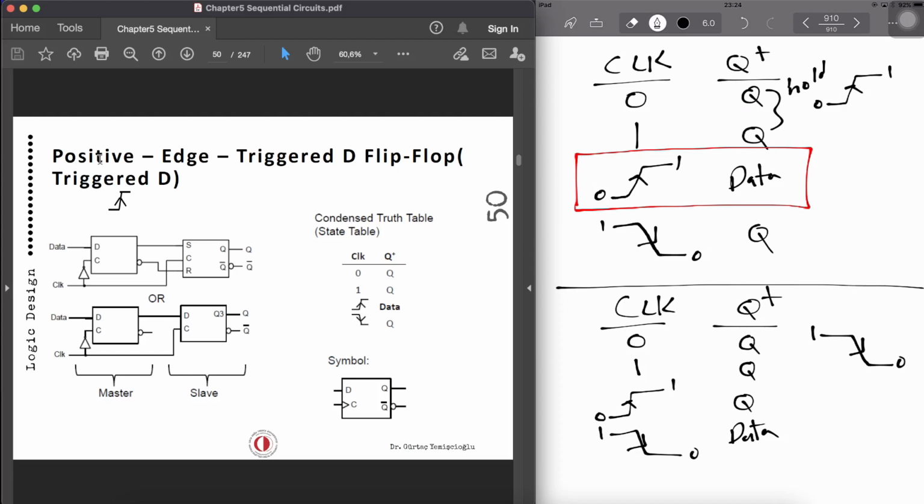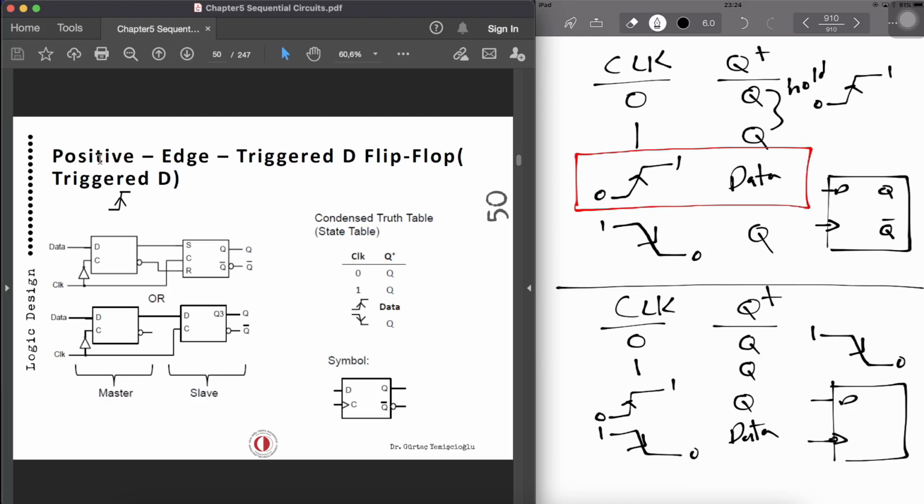And for the symbol of the flip-flops, for positive edge, we have a square with the input, clock, Q, and Q bar. Again, for the negative edge, it's opposite. We just have a bubble in front of the clock.